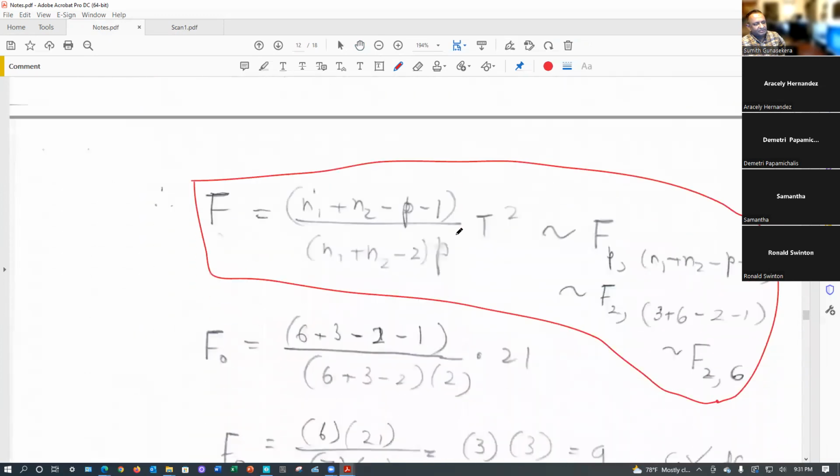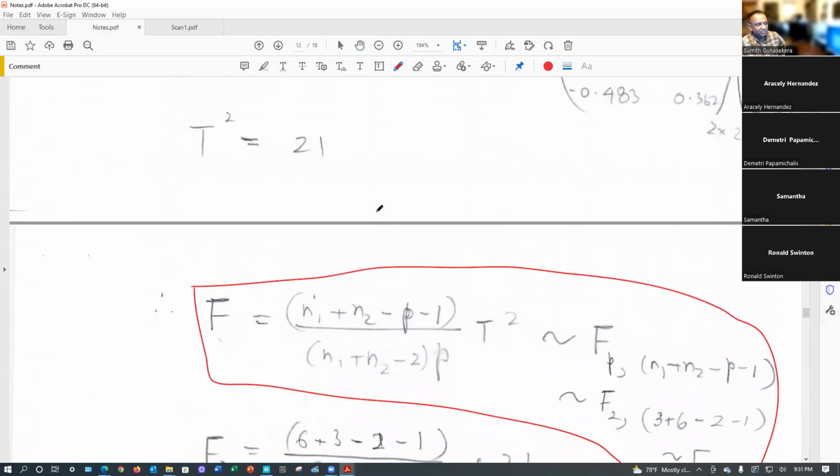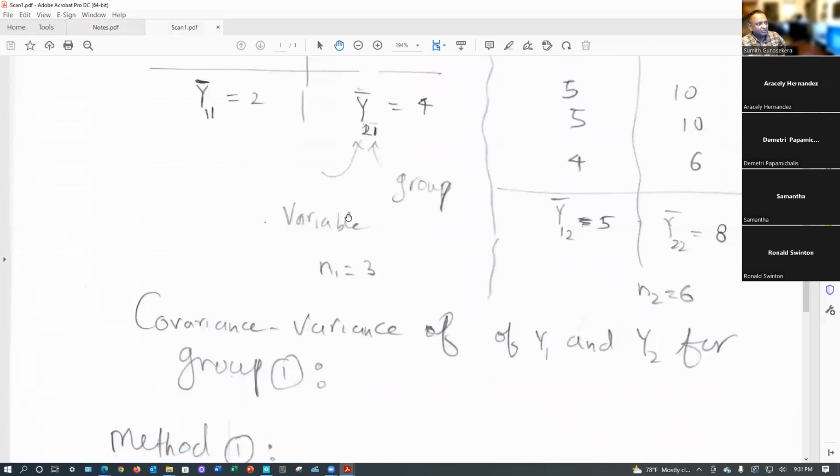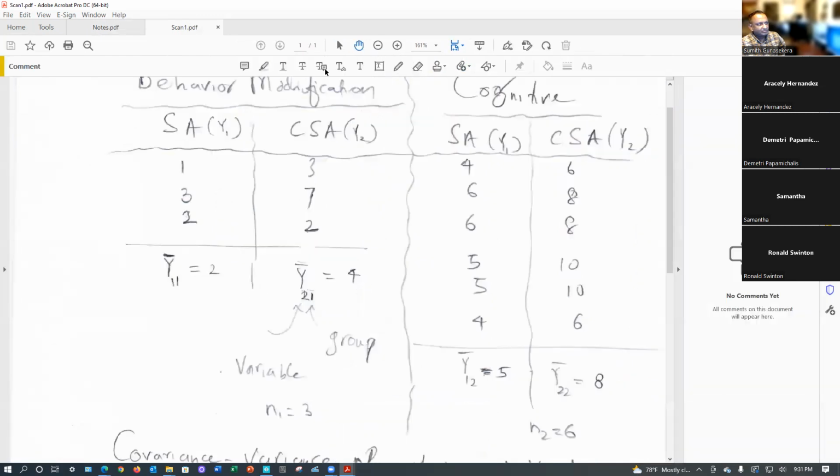It's different. See? P means number of variables. Two variables you have for each group. P equals 2 here. P stands for the number of variables. Okay. G stands for the number of groups. 2 also.